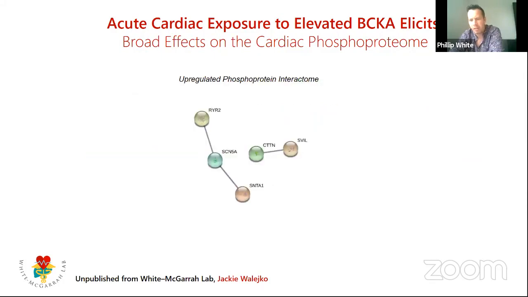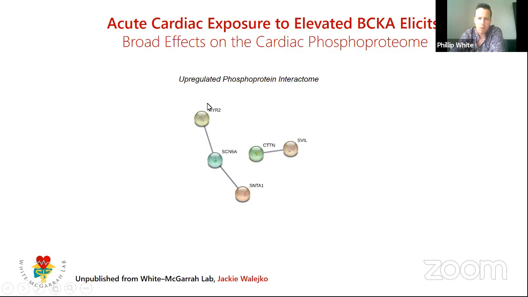Moving beyond the motifs, we also looked at the interactome among phosphoproteins that were upregulated or downregulated. In line with the fact that there are not so many upregulated phosphosites, only 2 interactome nodes were identified.